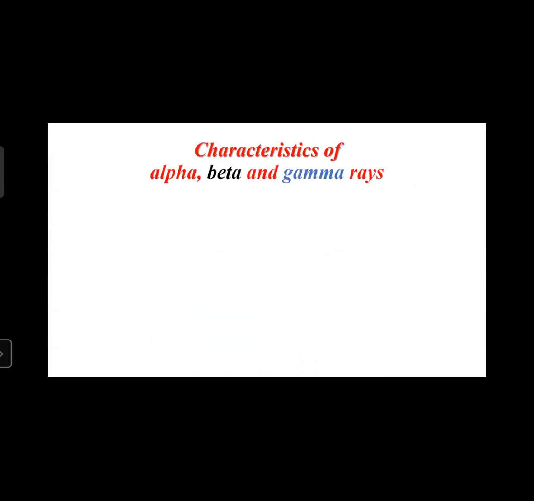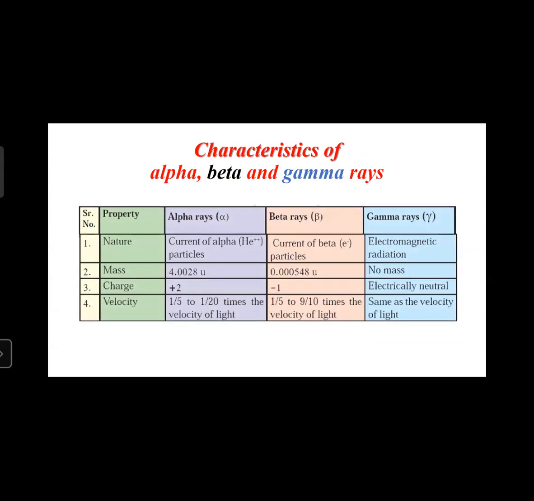Now we will see the characteristics of alpha, beta, and gamma rays. In the first column, we can see the property. Second, alpha rays, beta rays, and gamma rays. Nature: alpha rays are a stream of alpha particles, beta rays are a stream of beta particles. The alpha particle is positive, the beta particle is negative, and gamma rays are electromagnetic radiation.